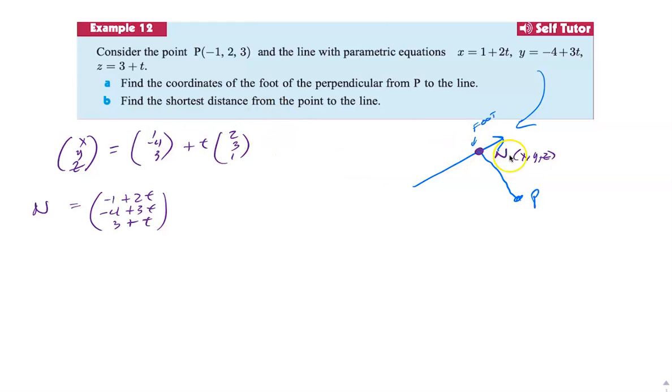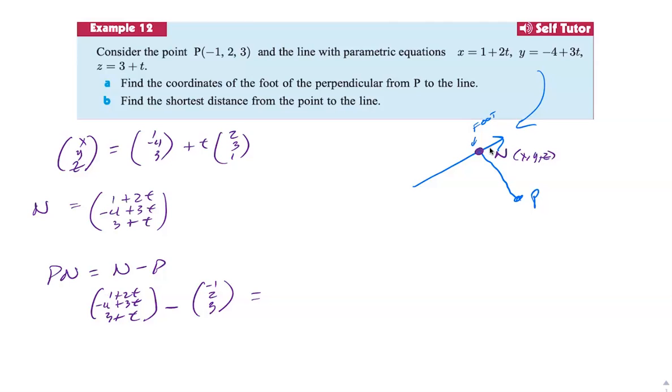So if I want the equation of this vector here, PN, that's all we're really asking for. What's the equation of PN? Well, PN would be tip minus tail. So it's N minus P, which is (-1, 2, 3). Oh wait, that's actually a positive 1.